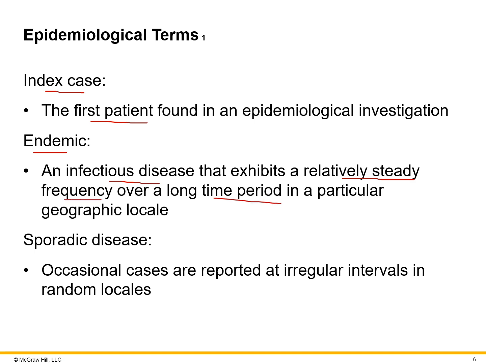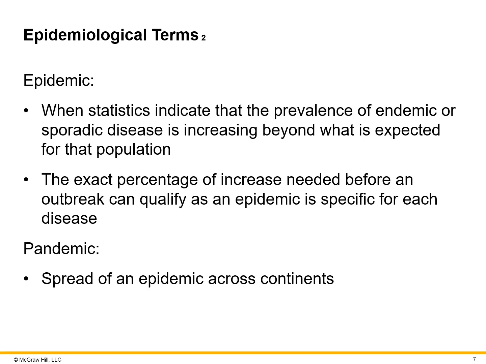So we don't see blips, it's just kind of a flat line over a long period. Whereas sporadic disease, these are occasional cases that have irregular intervals. So again, endemic is kind of constant. Sporadic, we have up and down peaks as far as how many people show up with that disease.